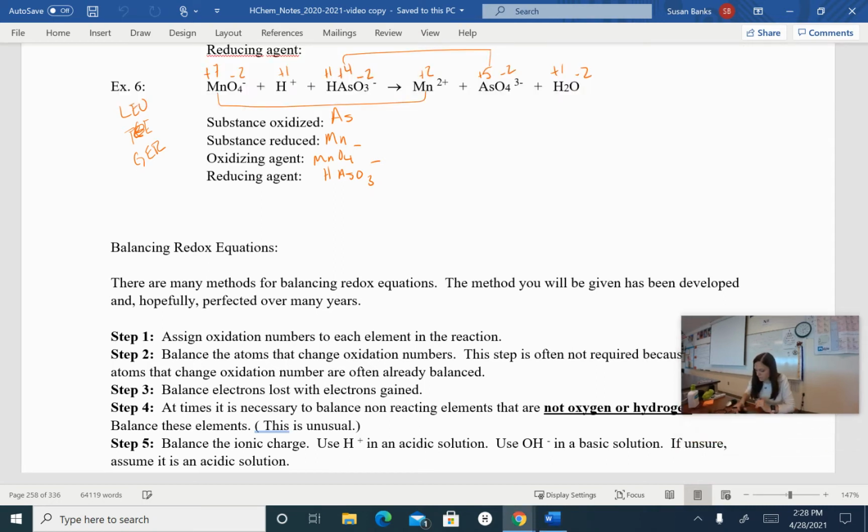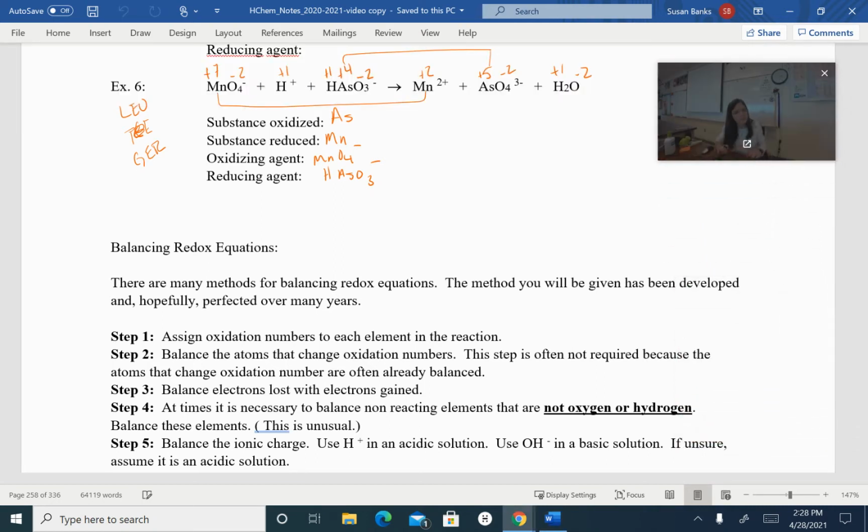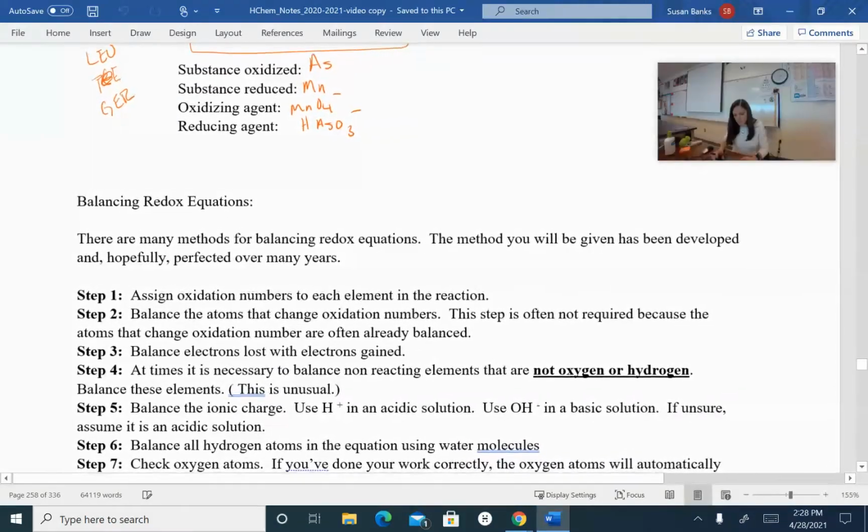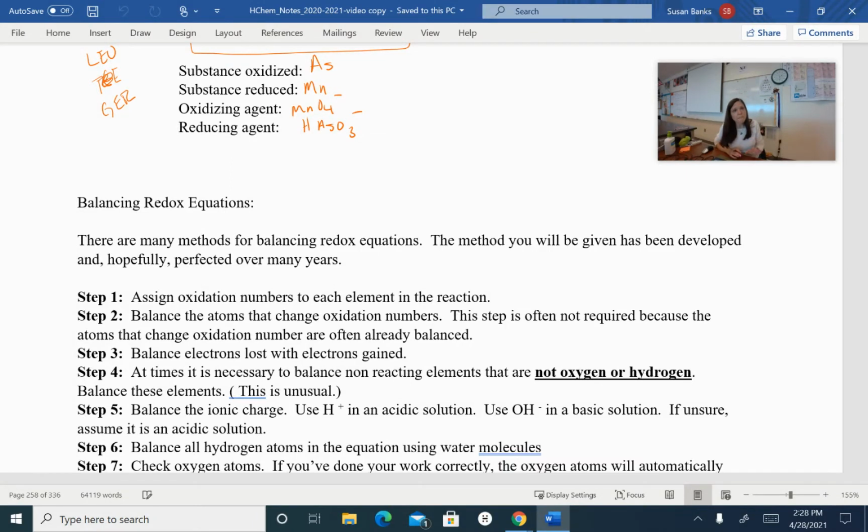what's going on. Okay, so here are our ground rules. Balancing redox equations. There are many methods for balancing redox equations, so this is not the only one. This is what is called whole cell, as in the whole entire cell method. A lot of chemists will also do half cell.